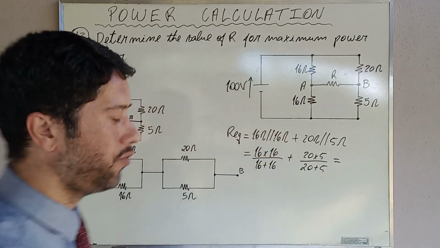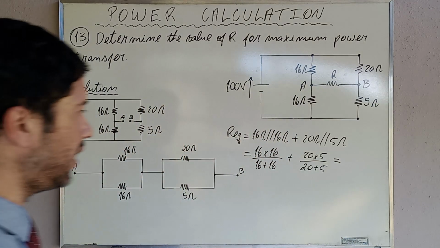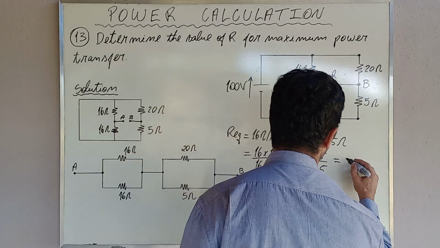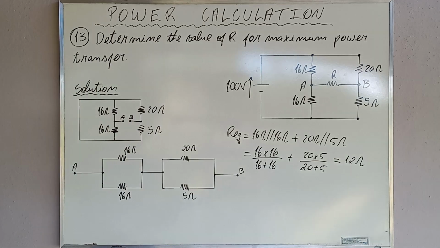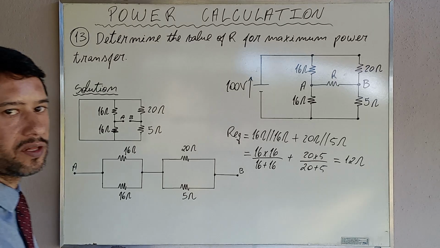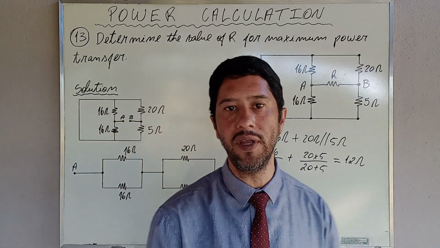And this, if you calculate, you're going to find 12 ohms. Therefore, the value of R that enables maximum power transfer is 12 ohms. Very simple, isn't it? And this is all for the debate of exercise 13.